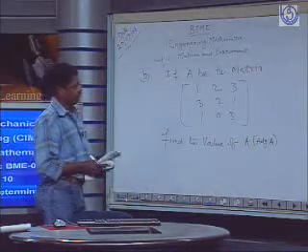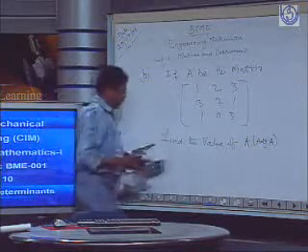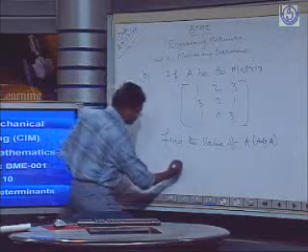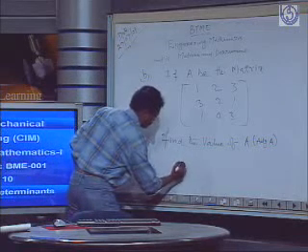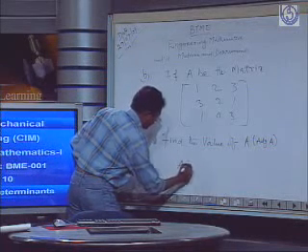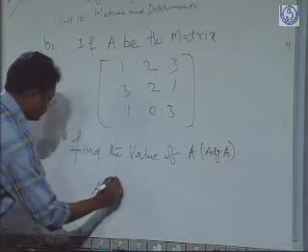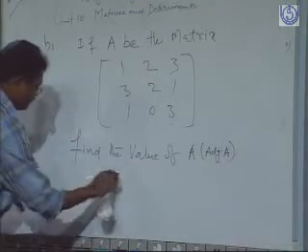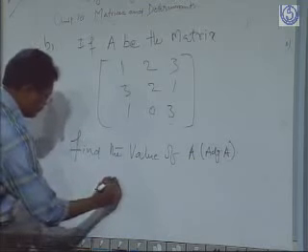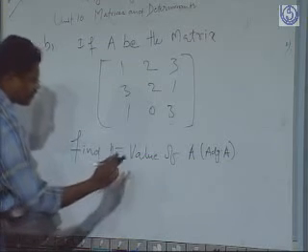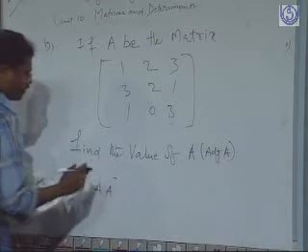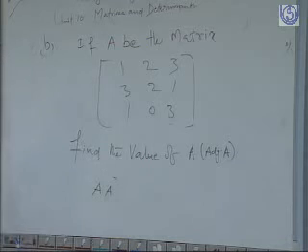Most of the students have done it like this, by multiplying, but actually this problem can be solved in a different way. Here one has to know the A inverse, the A into adjoint A. First of all we have to know the formula.